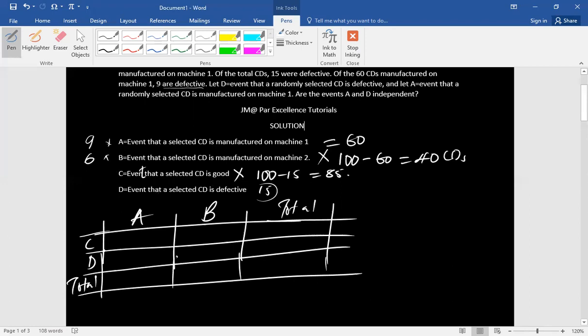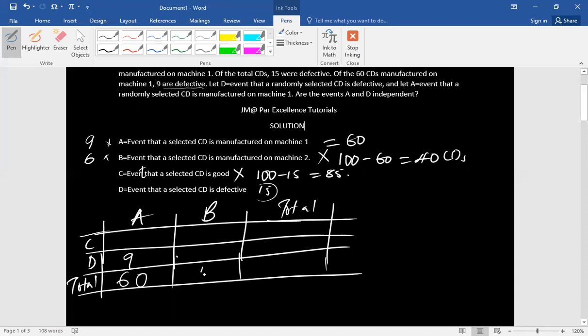Event C is that a CD that is selected is good. So how many were good for machine 1? Since 9 were defective on machine 1, defective we have 9, that is D for machine 1. The total number of CDs is 60, so 60 will be there.